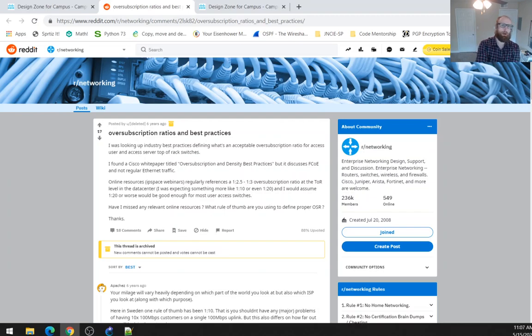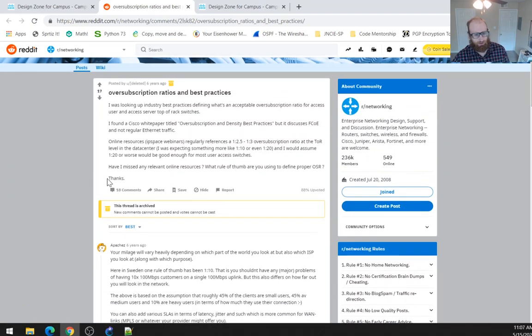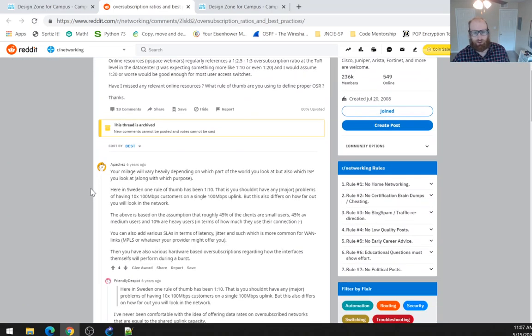Having a 1 to 1 ratio is obviously the best ratio, but I think a 2 to 1 ratio is fine, because you're not going to have all of your edge devices maxed out all the time. So I'm surprised that he's got those types of ratios.